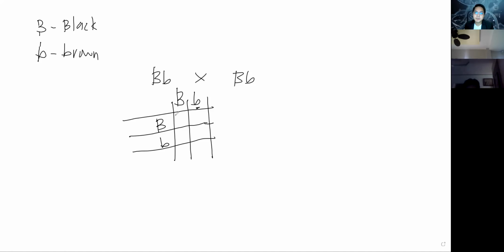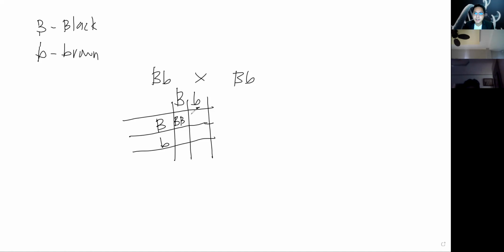Let's have this one. We have capital letter B. Look at the box, look at the motion of my cursor. BB. Always, when writing these genotypes, always start with the dominant allele.